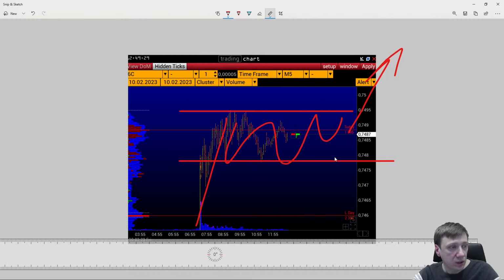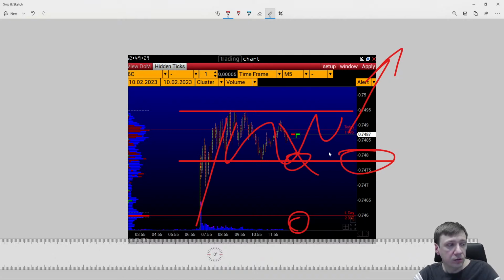So what we can do here, we can buy, and we have a level. We can expect price goes to that level, and we look for volume. If volumes are appropriate and they are on the level, we can open a trade.